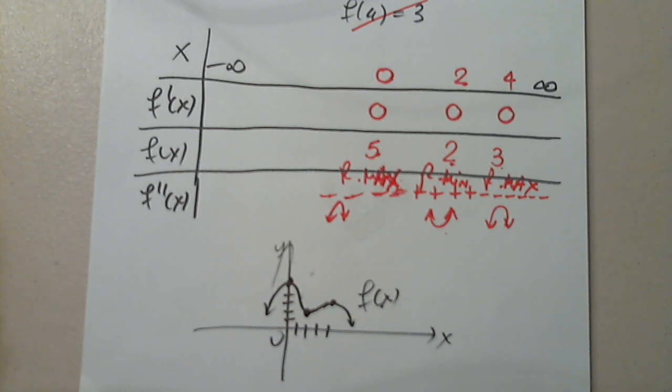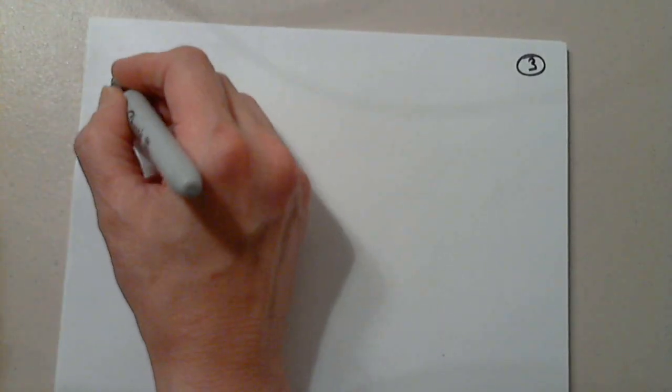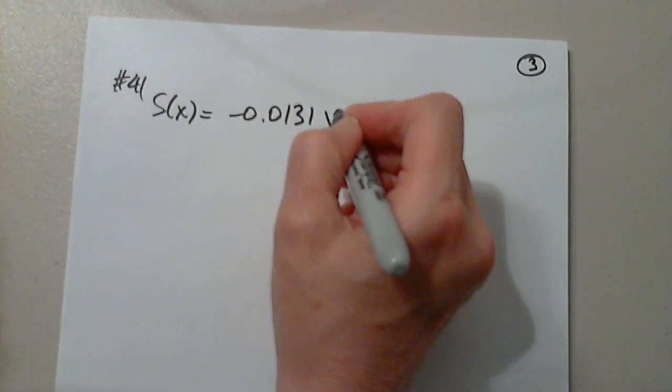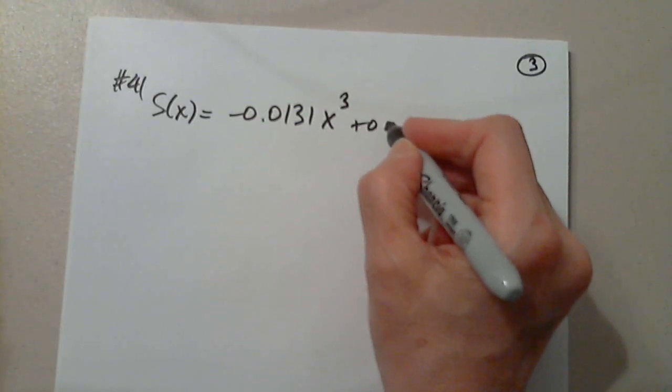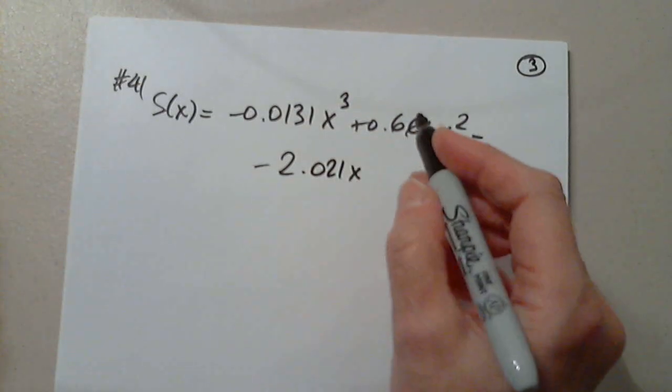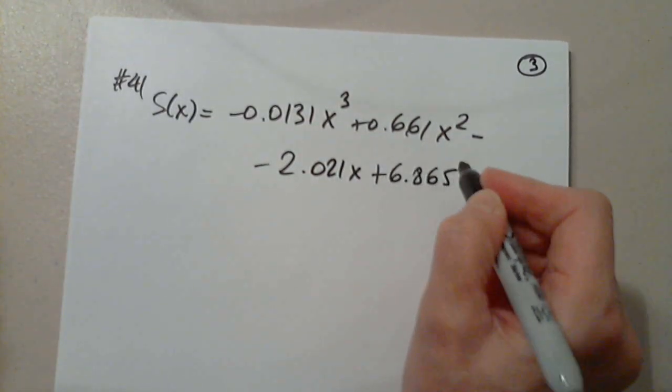The Gotta Have It device is introduced in a market with 150 million potential buyers. The unit sales are modeled by the function S, given by S of x equals negative 0.0131 x to the third plus 0.661 x squared minus 2.021 x plus 6.865.